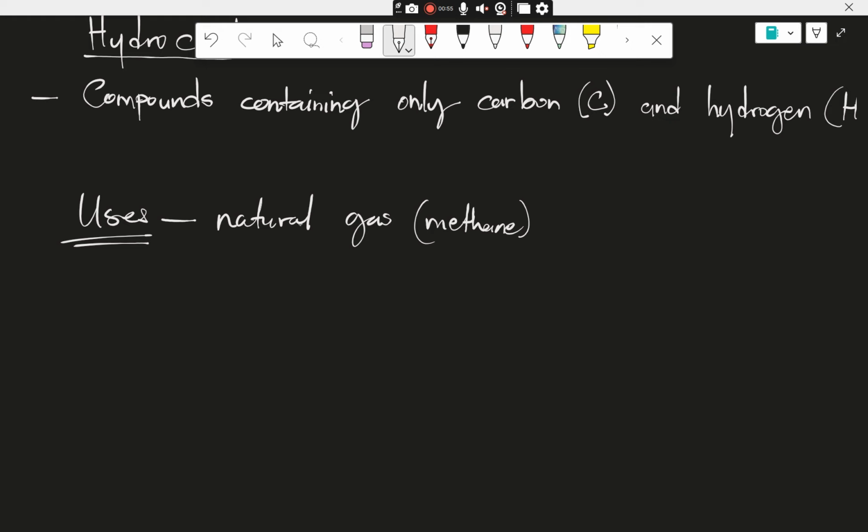We'll get to what methane is and how we represent it. Methane is used for energy. You can use it for cooking, boiling your water, all kinds of things, right? We use it a lot in South Africa actually, and also across the world. It's also a good alternative to our electricity.